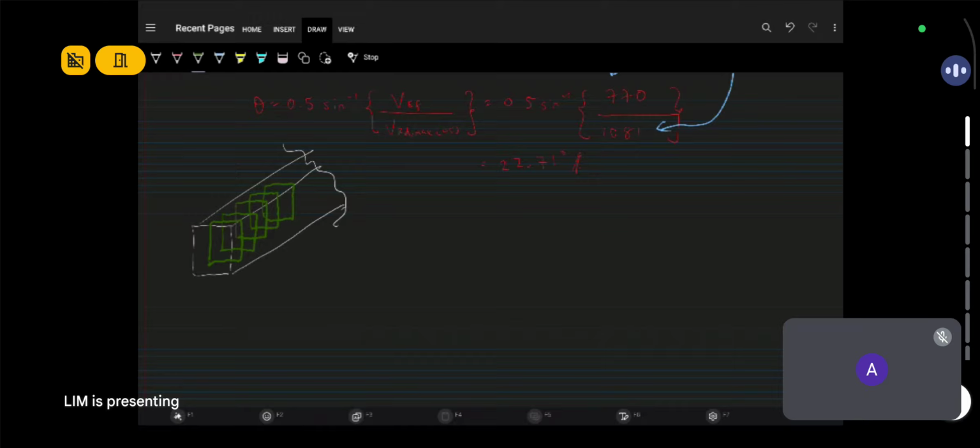Okay, so the links are basically a series of steel bars bent so that they become square. That's how they arrange.